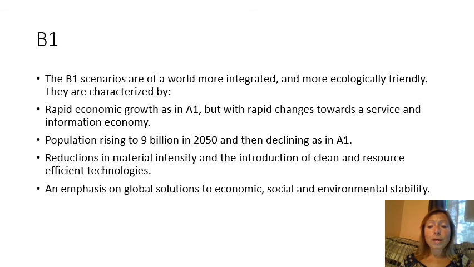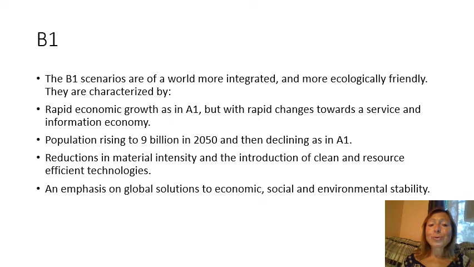This third subfamily, the third storyline, would suggest that the world would actually embrace more environmental priorities and is going to be more sustainable. But just like in A1, it's also the world of globalization, and it's the world of converging priorities and collaboration among the nations. So in B1, we really see a more integrated world, but it's also the world which is more sustainable and more ecologically friendly.